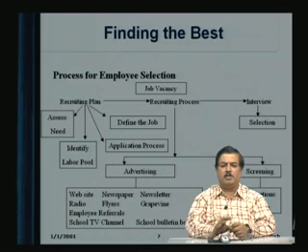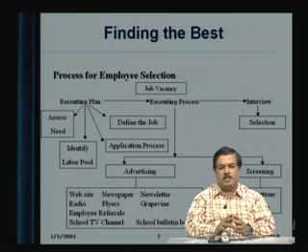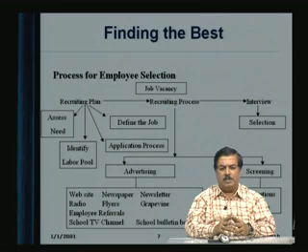Those are the matter of details. So finding the best becomes one of the complex exercises in any organization, and involves several steps, and sometimes it is sequential, sometimes it is to be done parallelly.